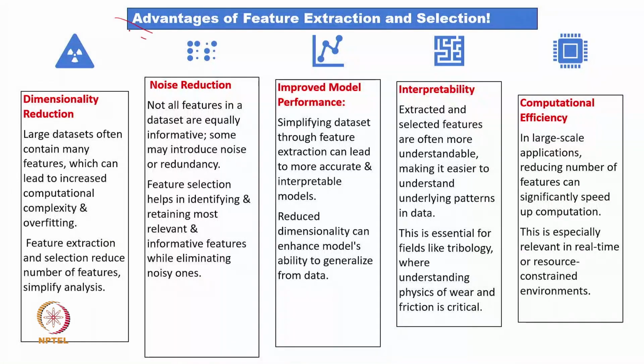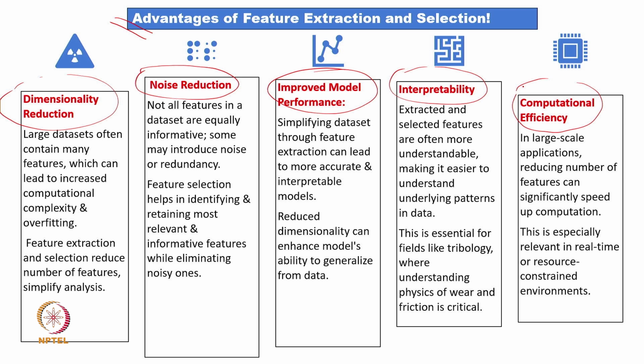So what we say, the advantages of feature extraction: we are able to reduce the dimension, we are able to reduce the noise, we are able to improve the model, and we are able to bring more interpretability or user friendliness in this case, and then we are also able to improve the computational efficiency. Reason being, we generally get a large data set.